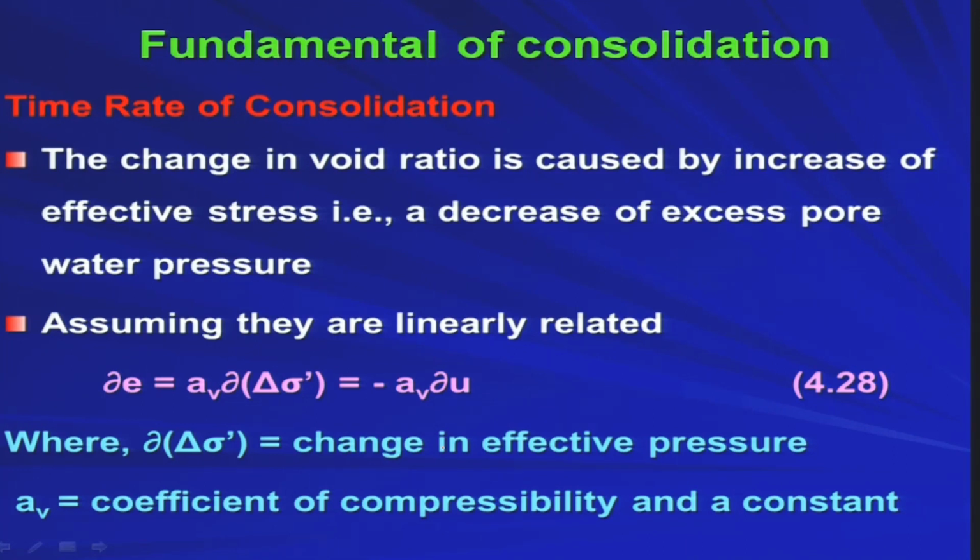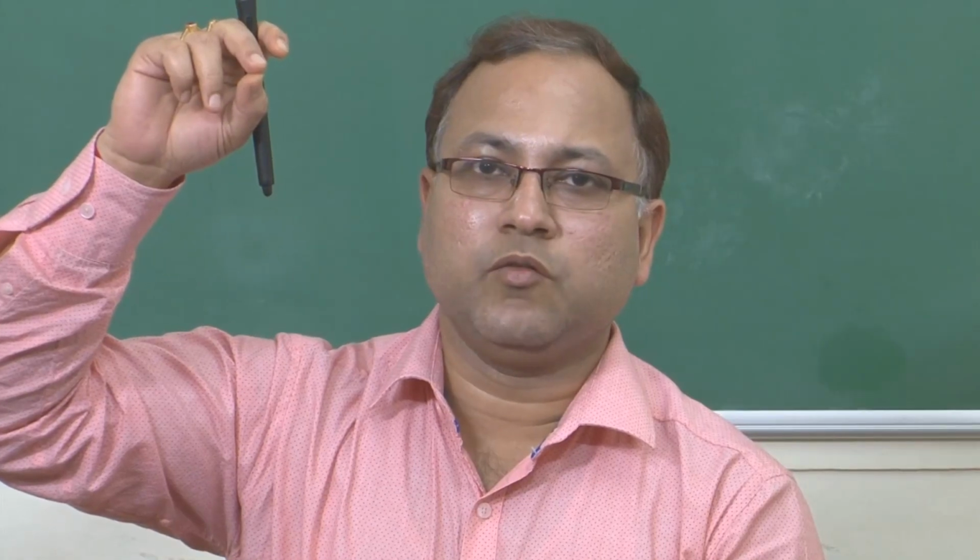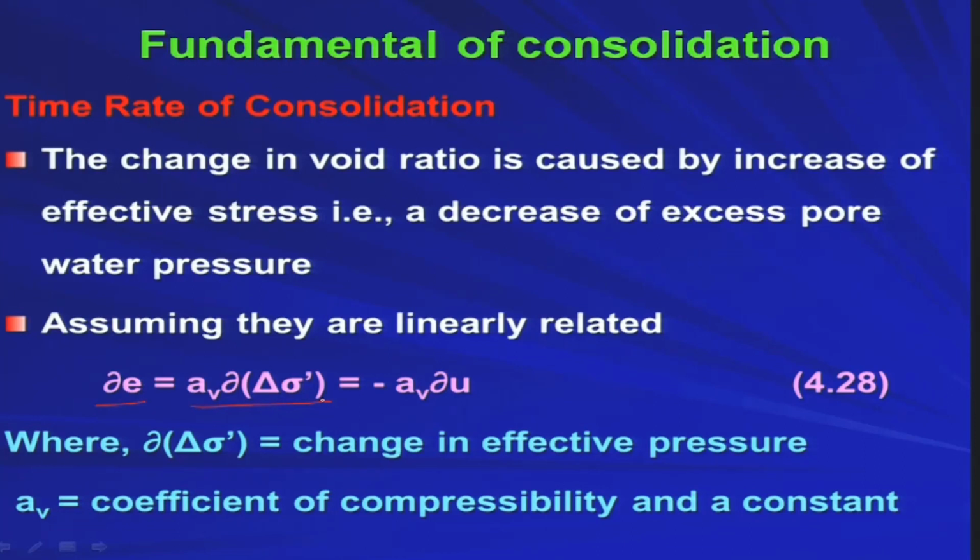If that is true, then del e, the change in void ratio, is equal to some constant a v multiplied by delta sigma prime.